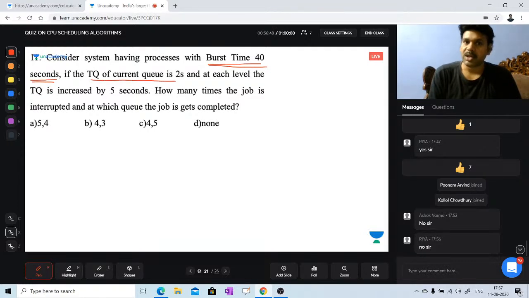The time quantum of the current queue is 2, and at each level the time quantum is increased by 5 units. Please understand carefully: how many times is the job interrupted and at which queue does the job get completed?